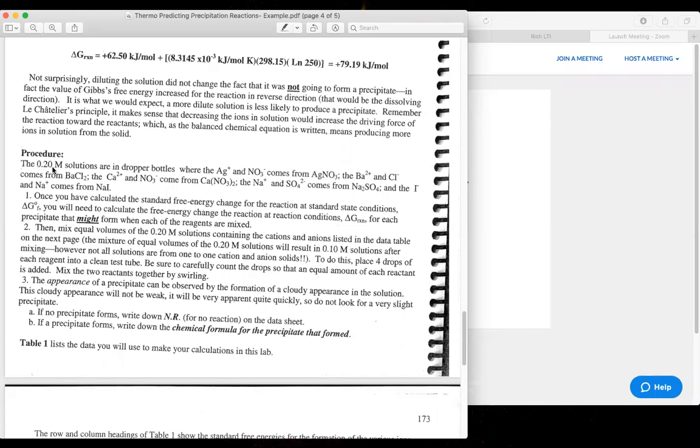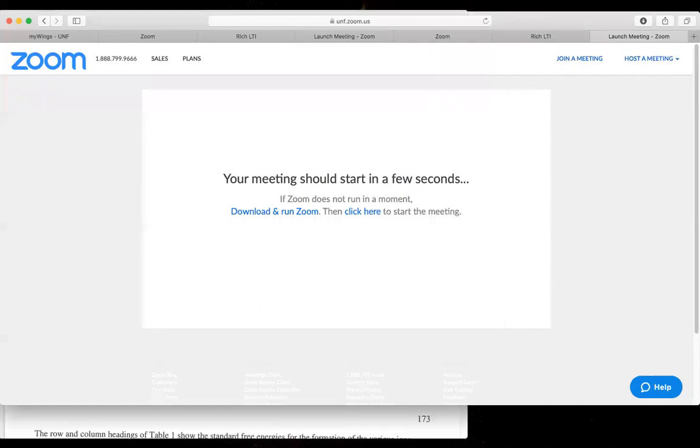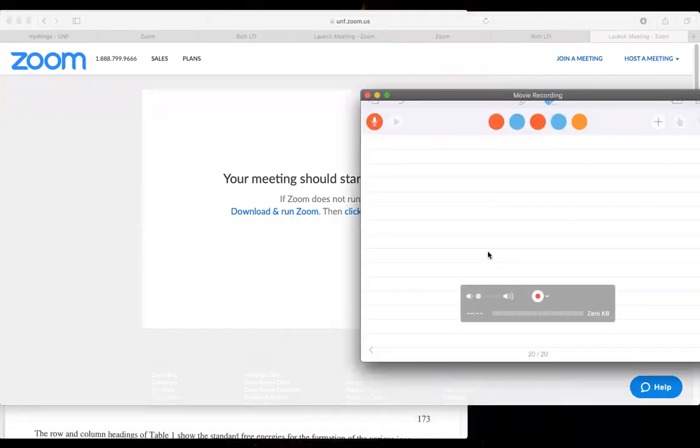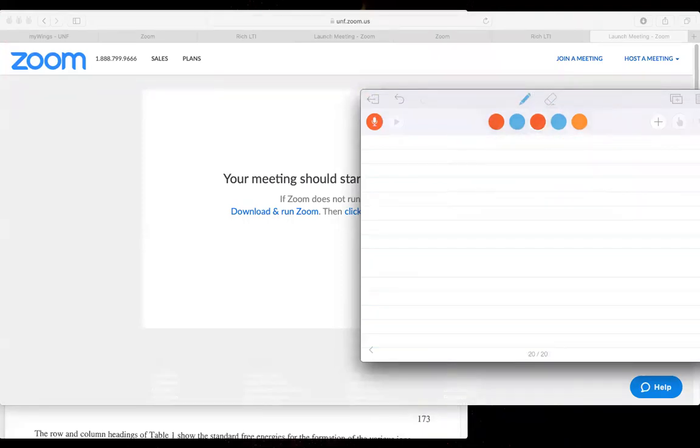We will be finding not delta G naught, we will be finding delta G. Maybe I should use a different color and bring my iPad. Where is my iPad? Right there. This is the equation you will now use to complete the data sheet.